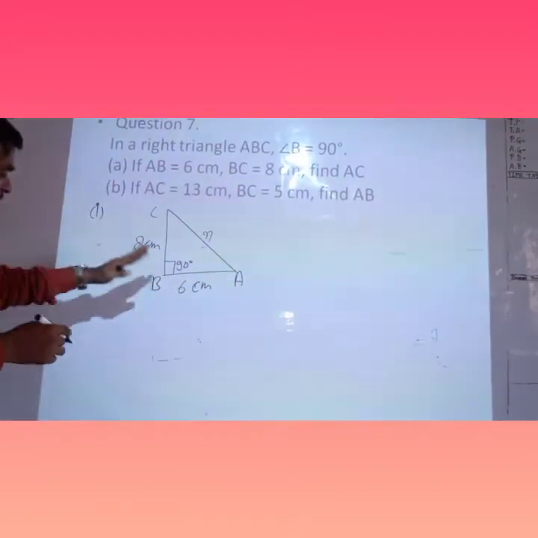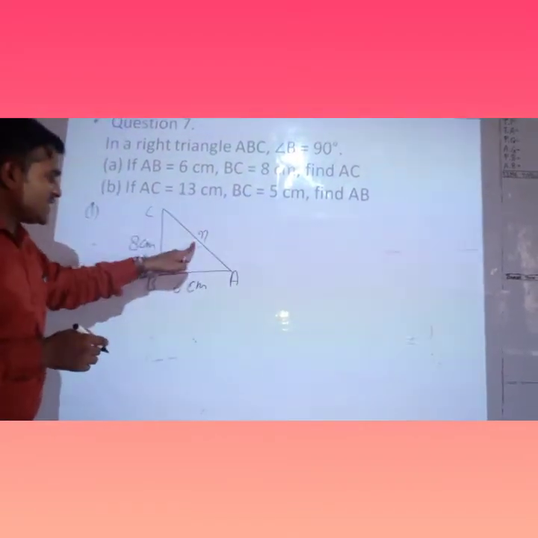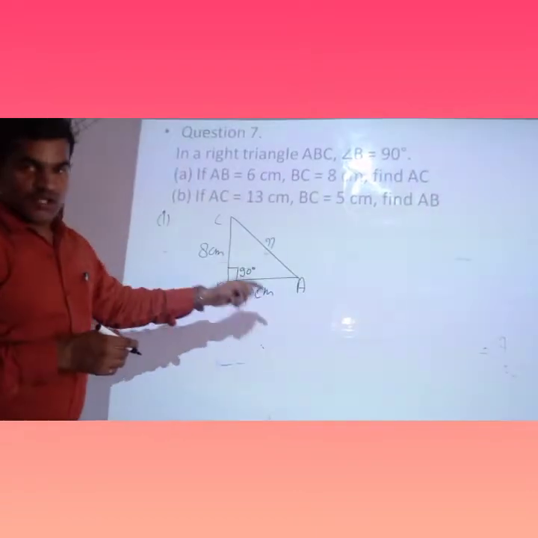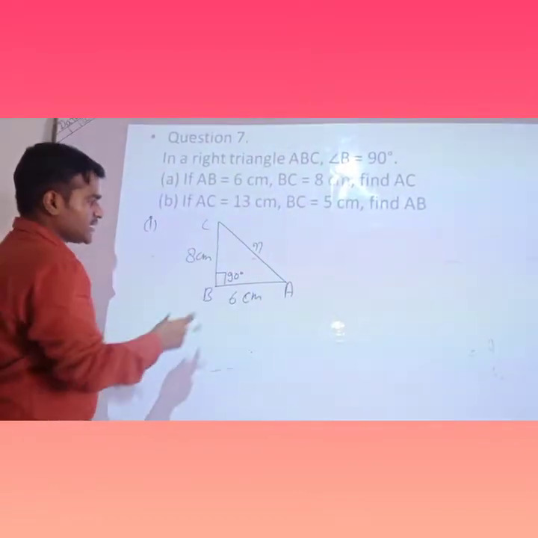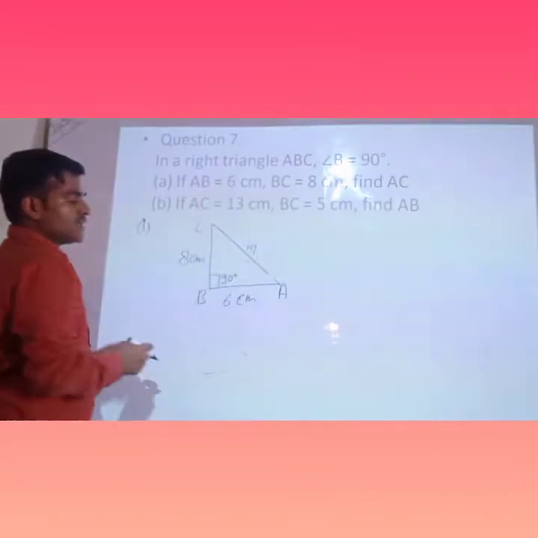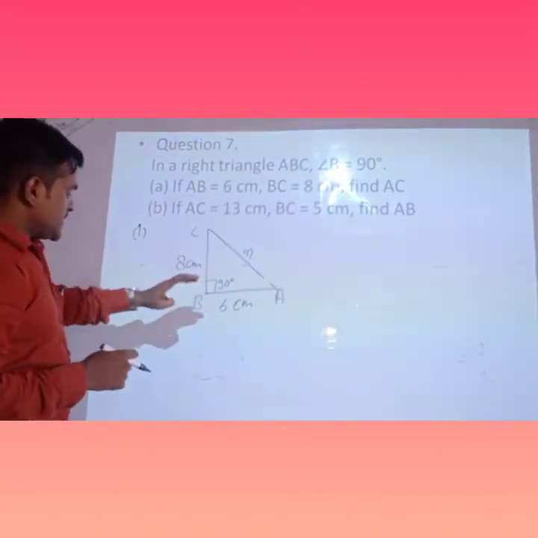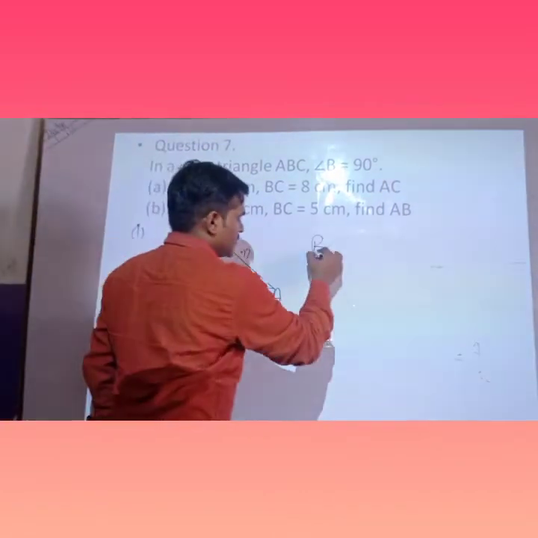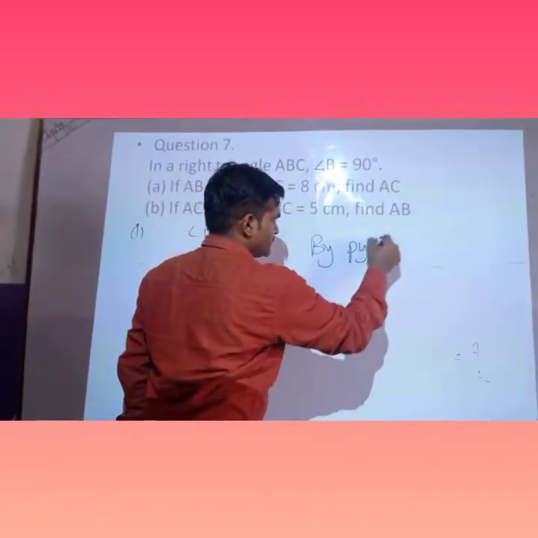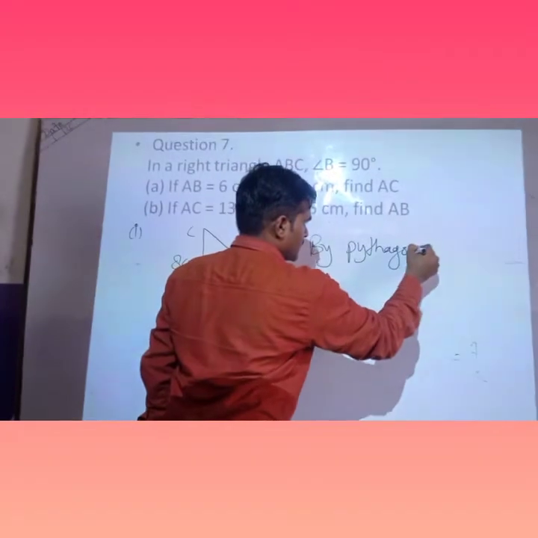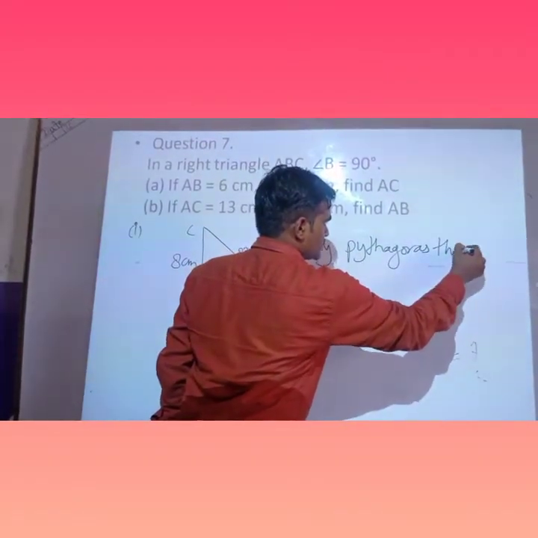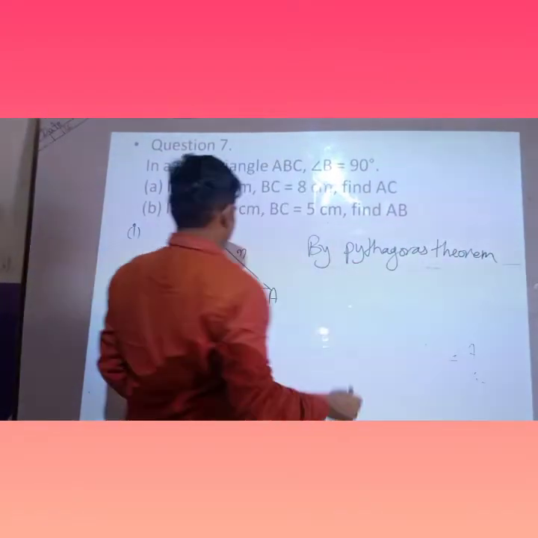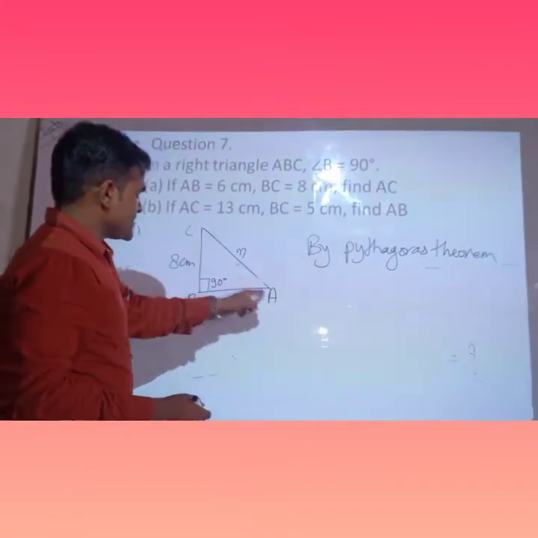The side opposite to the right angle is called hypotenuse. By Pythagoras theorem we know that square of hypotenuse is equal to the sum of squares of the two other sides. So by Pythagoras theorem, hypotenuse is AC.